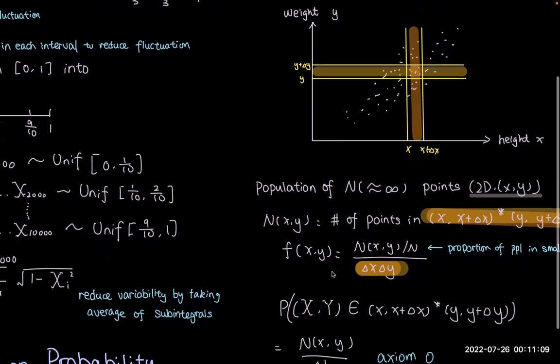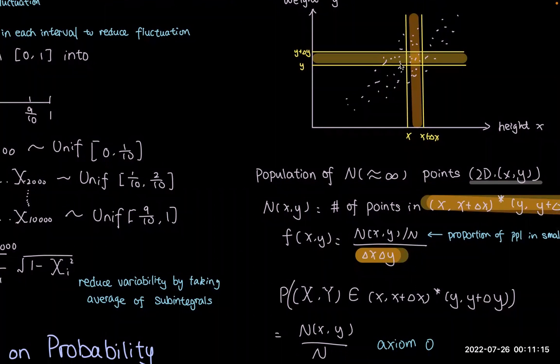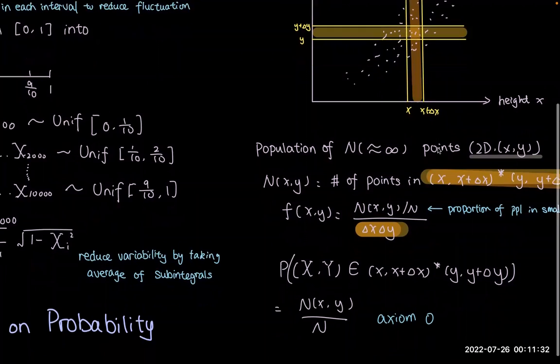At this point, there is nothing random at all. But if we randomly sample a point from this population, then the probability that the sampled point falls into this small cell becomes the population proportion, which is nxy divided by n, according to axiom 0, because all the points are equally likely.